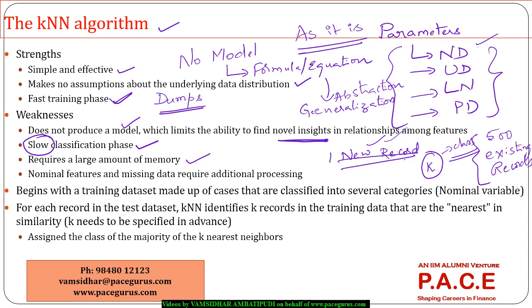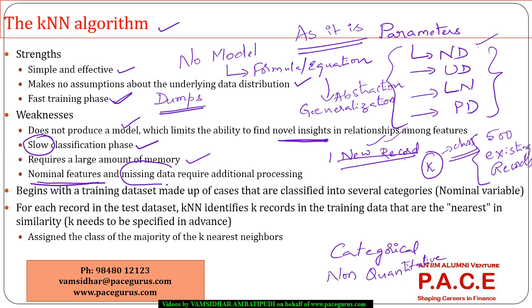And the main drawback here is if my features are nominal features, which are more categorical, non-quantitative. If the features are non-quantitative or non-continuous kind of features, it would be very difficult. We need to have a different mechanism to process them, because the KNN algorithm cannot do the processing of that kind of data.